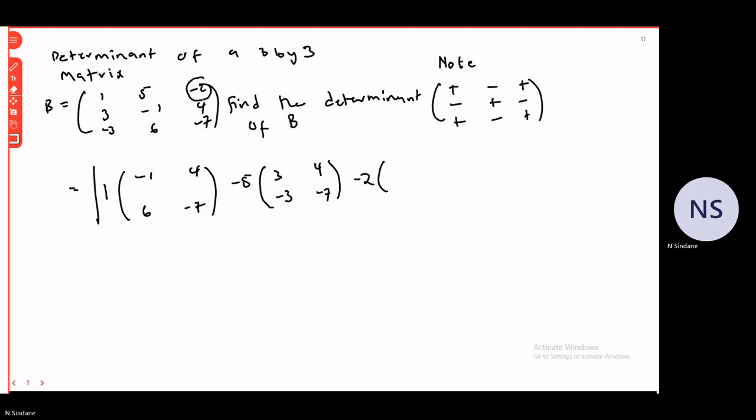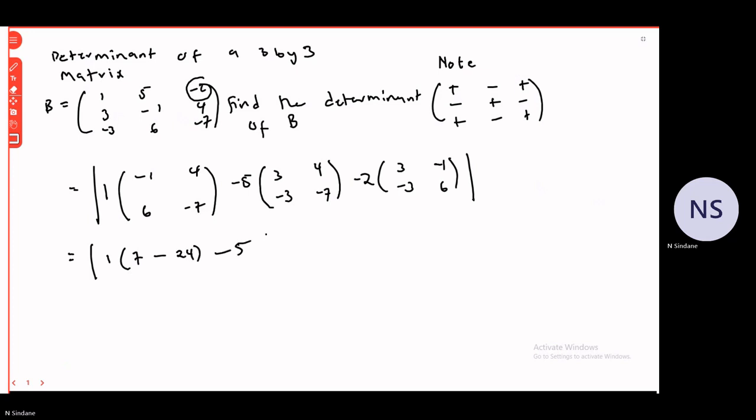first row is out, first column is out. I have 3, minus 3, minus 1, and 6, right? Then I have 1 into, this is positive 7, minus 24. This will be minus 24, when I say 6 times 4 is 24.